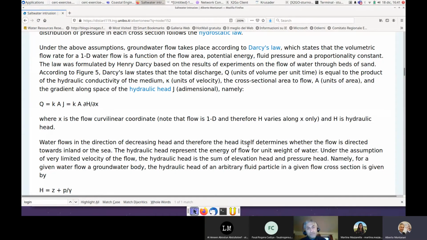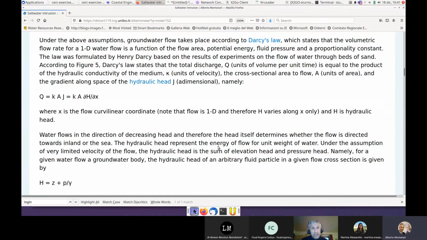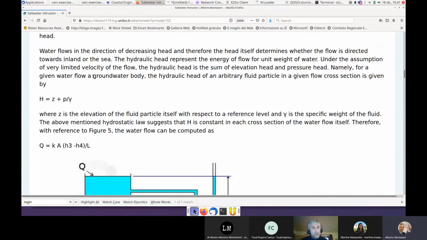Now, you see here that for a groundwater body, if you neglect the kinetic energy, the hydraulic head of an arbitrary fluid particle is given precisely by what I said before: Z plus P divided by gamma, where P is pressure.